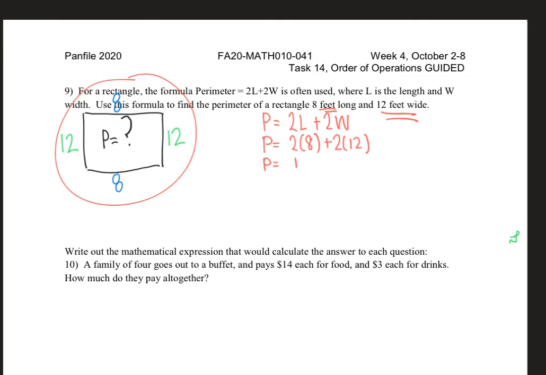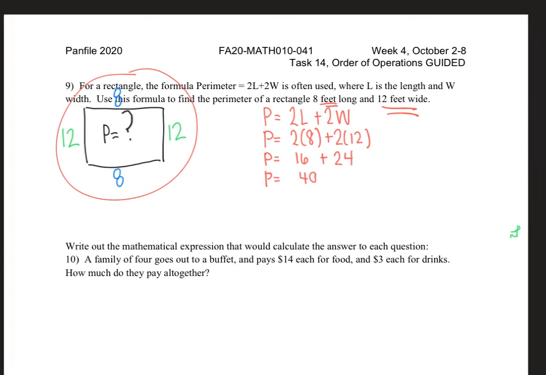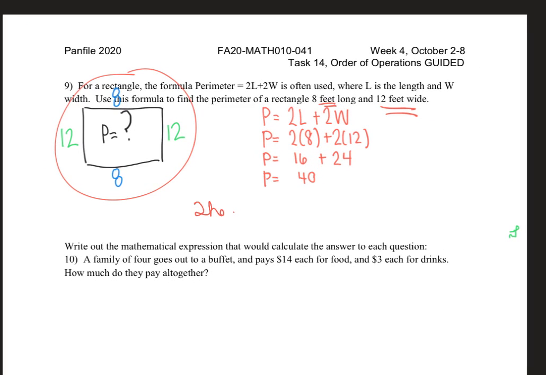P will equal 16 plus 24. P equals 40. And you can say the perimeter is 40 feet.